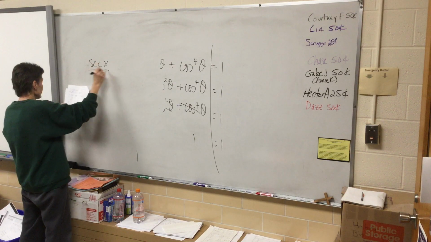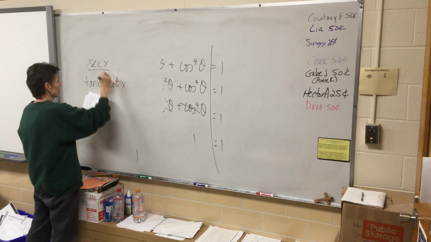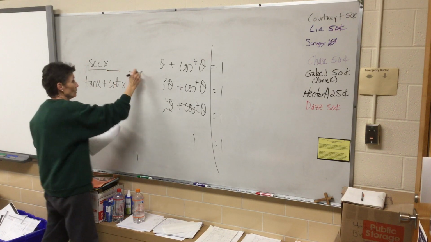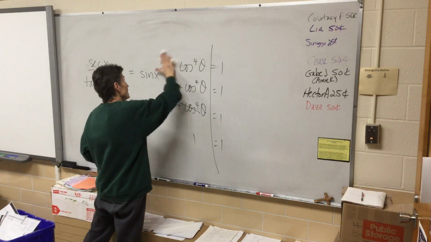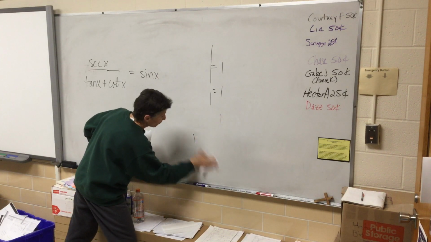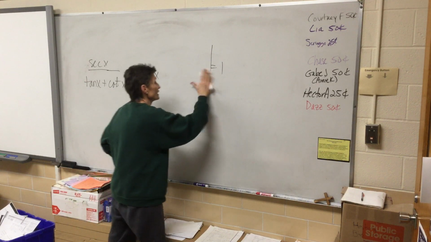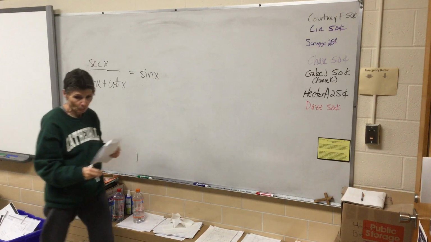Okay, so secant over tangent plus cotangent equals sine. Now, there's nothing squared in here, at least right now. So I don't think I'm looking at my Pythagorean identities. I think I'm looking at the other ones.